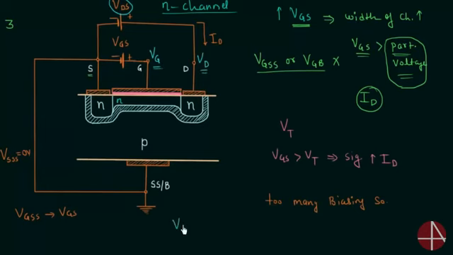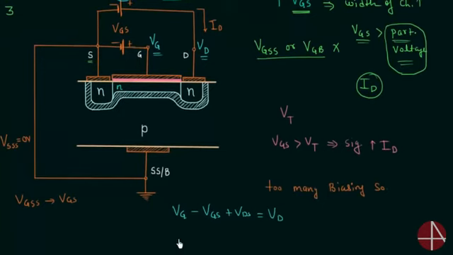Let's start with VG, then we have minus VGS, then we have plus VDS equal to VD, or we can write VG minus VD equal to VGS minus VDS. VG minus VD is the potential difference VGD. So in this way we have the potential difference VGD, which is equal to VGS minus VDS.